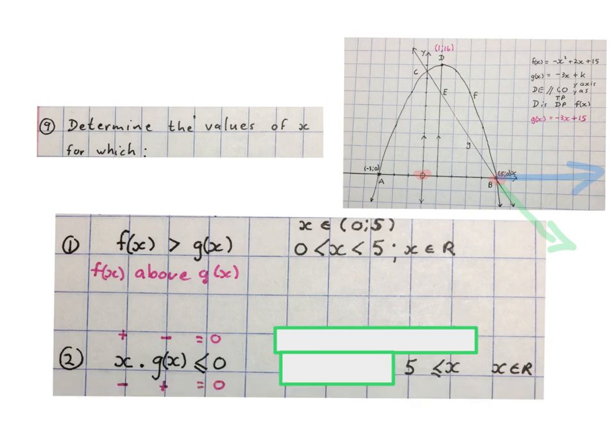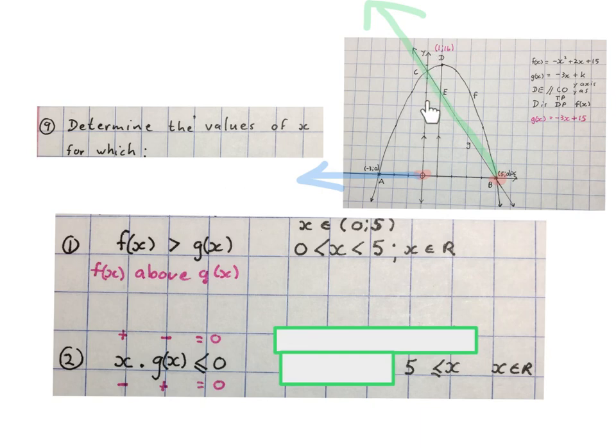But we also have to look where x is negative while at the same time the g graph is positive. So we're looking where x is negative and the g graph is above the x-axis at the same time. All x's are negative on the left-hand side of the y-axis and the g graph is positive everywhere from the x-axis up. Now we need to find out what x values satisfy both of them.